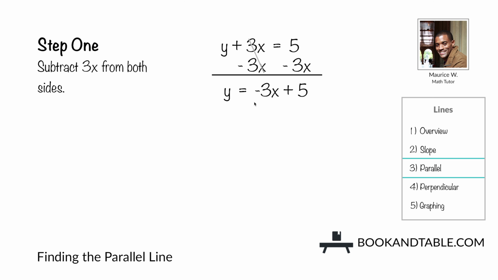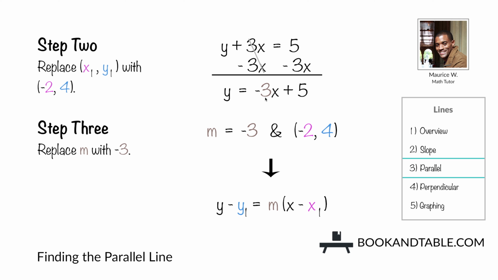So why did we want to change this to slope-intercept form? It's because now we see that the slope of the parallel line is -3, and we were given the point -2, 4 on the line that we are looking for. So now we use the slope and the point in point-slope form to calculate the equation of the line that we're looking for.